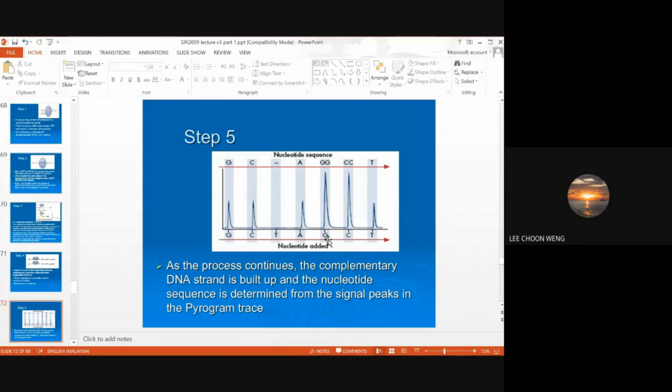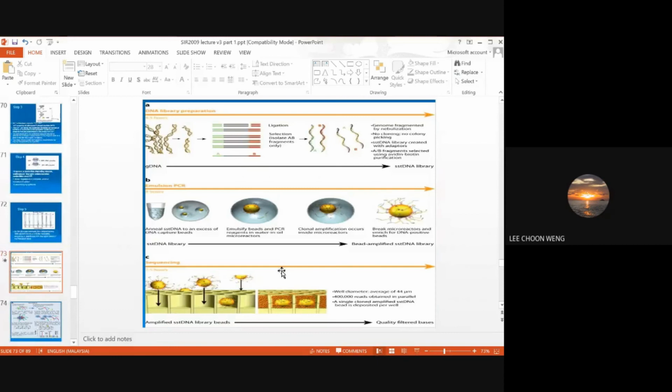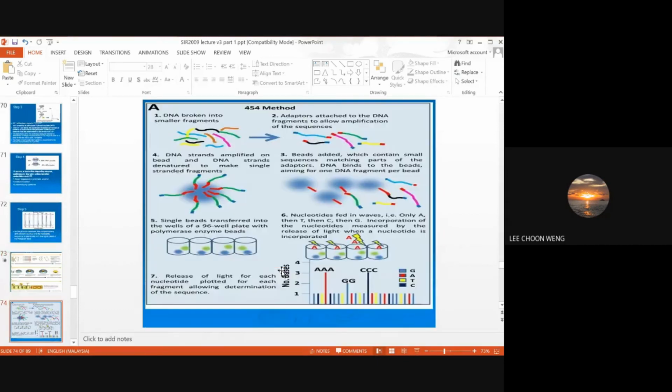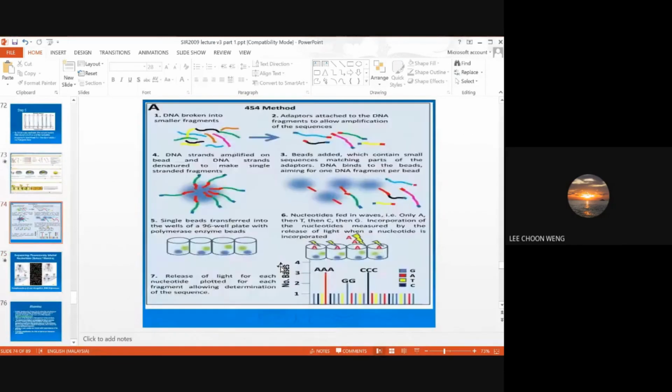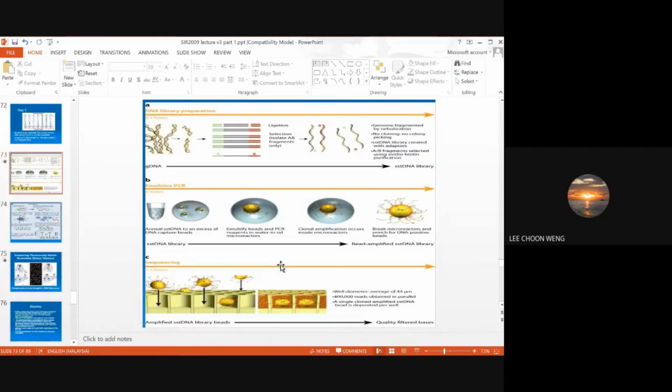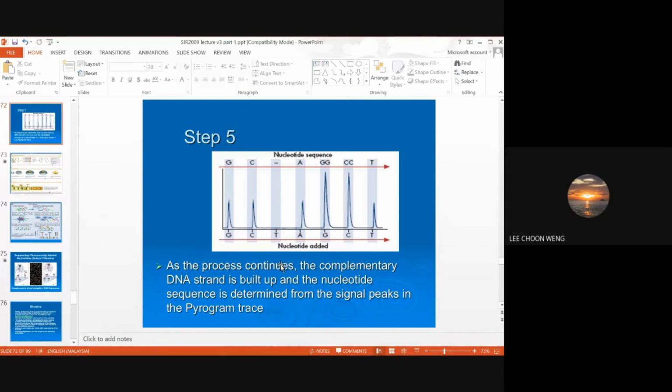Okay. Also, another problem is it doesn't work well with sequences with poly A, poly G or poly C reads.